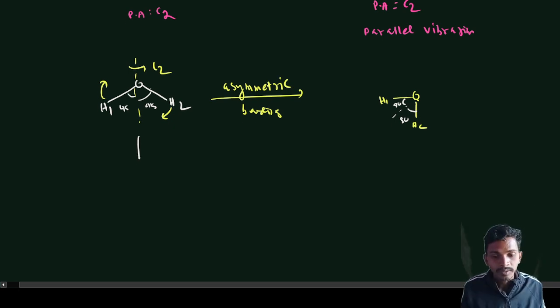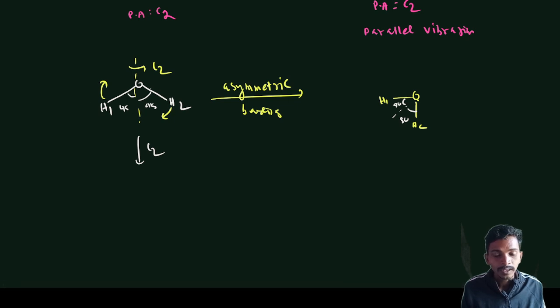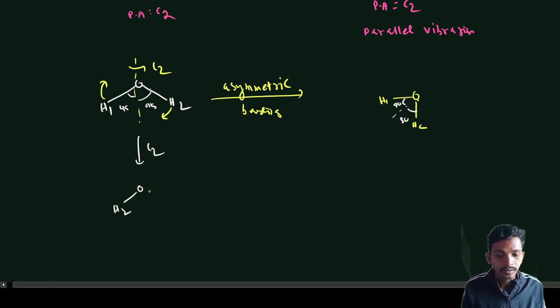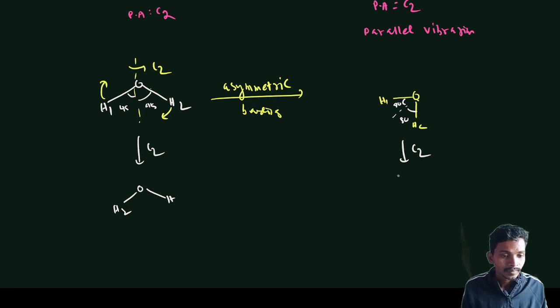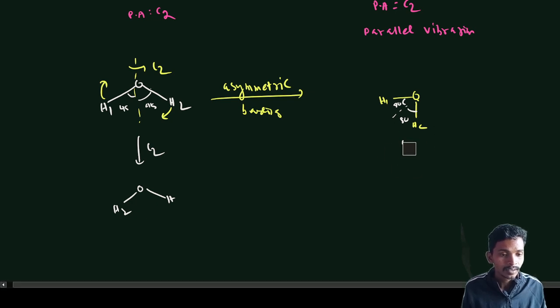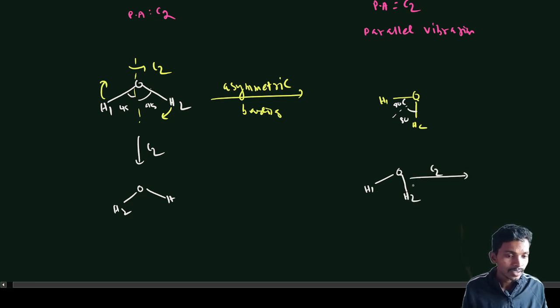How will you check? Whenever I apply C2, in place of atoms I should get H2 here and H1 there. But if I draw it nicely, let's say this one is H1 and this is H2, and I apply the C2 axis, I get H1 here, but H2 again comes here.